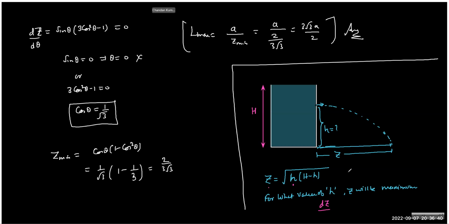Z is a function of what? Which variable will decide z? Small h. Excellent. So you must differentiate z with respect to small h. So dz by dh is 0.